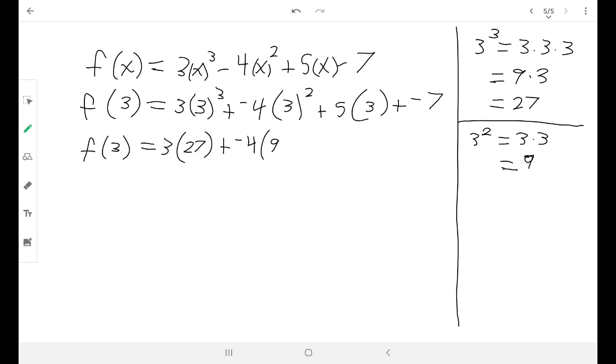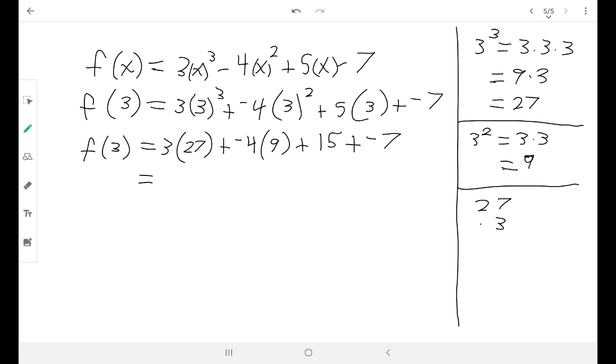So that's -4 times 9. Plus, and then this 5 times 3. 5 times 3 is just 15, so there's no extra work to be done there. And then you can figure out 3 times 27.